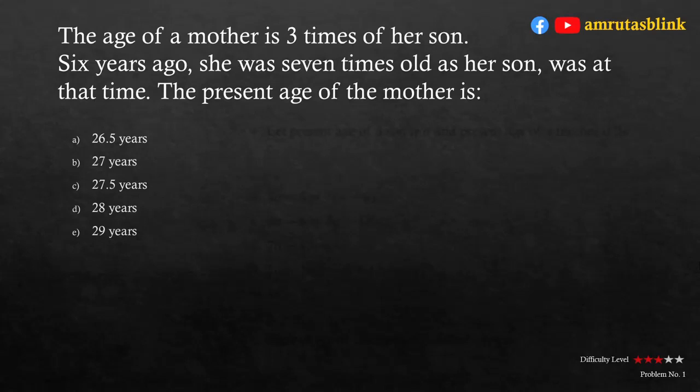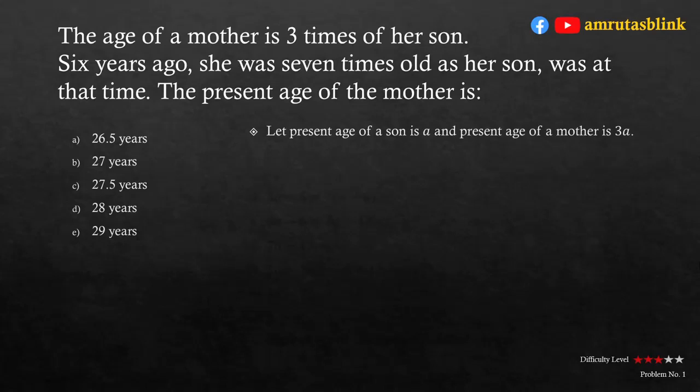Now, in this problem, the information given is the age of the mother is 3 times that of her son. So, this information is applicable to the current age of the mother. Now, one more information is given that 6 years ago, she was 7 times old as her son was at that time.